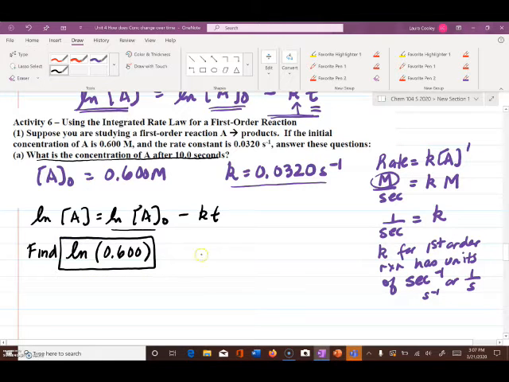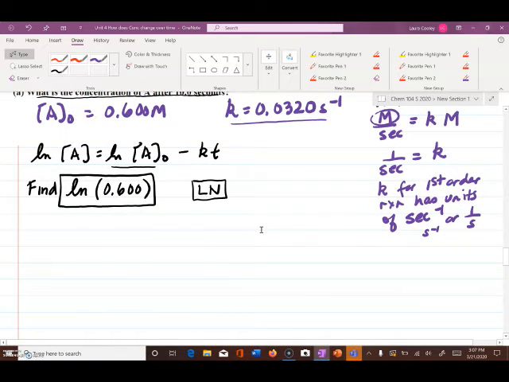Most calculators have a button that says ln, and you'll just put the 0.6 in parentheses, or I don't even think you need parentheses, and you should be able to get that value. I want you to make sure, as you're following along, that you find the natural log of 0.6 on your calculator and that this is the number you get. So you should be getting this number right here.